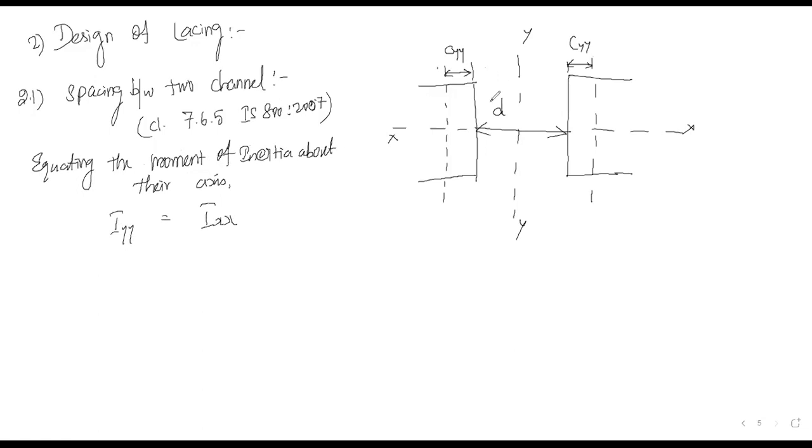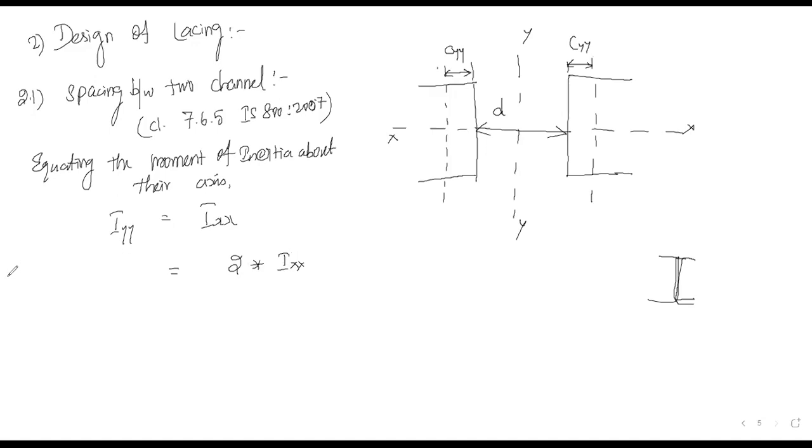If it is a conventional section, there is no spacing. But here we have spacing. So two channel sections are available: Ixx is 2 into Ixx of the channel.